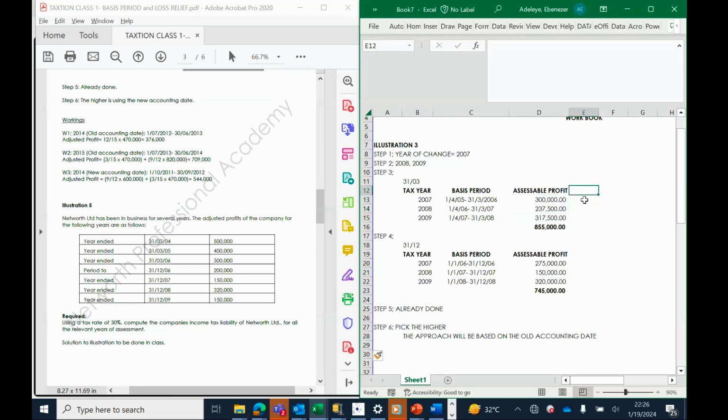Just create an extra column, or bring this down here and write: computation of net tax liability for the relevant years of assessment.